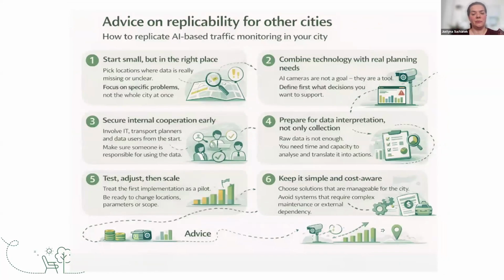And the last one, based on this experience, a few practical things for other cities. Start small, but choose the right place for the AI camera, somewhere where you really don't understand what is happening, because in our case, choosing one specific location made everything much clearer for us. And don't start from technology.